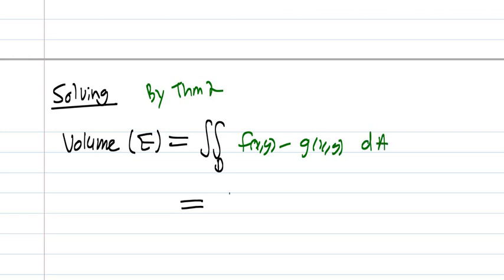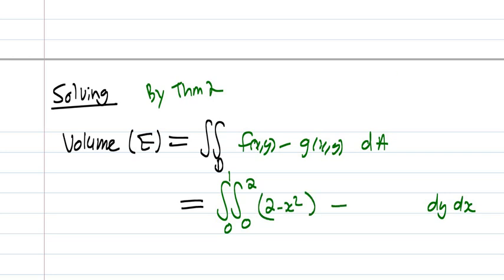So the region over which we're integrating is a rectangle, and the x value starts at 0 and ends at 1, and the y value starts at 0 and ends at 2. The top curve is the parabolic gutter, which is 2 minus x squared. And the bottom curve is z equal to 1. So f will play the role of 2 minus x squared, and g will play the role of 1.